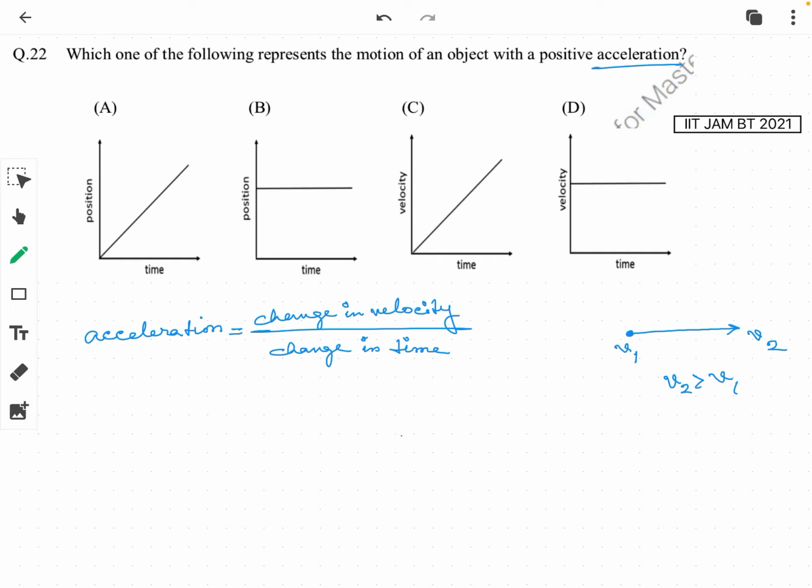So you can directly go to options C and D for that, because here only we can see the velocity versus time graph.